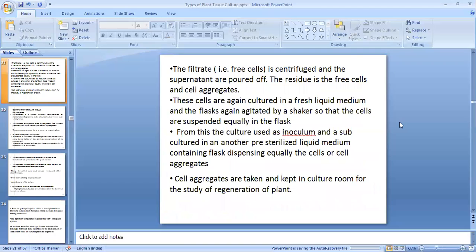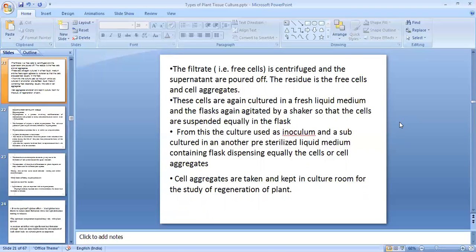And this filtrate is again centrifuged, the supernatant is poured off, and the residue is the free cells or the cell aggregates. And these cells are again cultured into a fresh liquid medium, and the flasks are again agitated by a shaker so that each and every individual cell is suspended equally in the liquid culture medium in the flask.